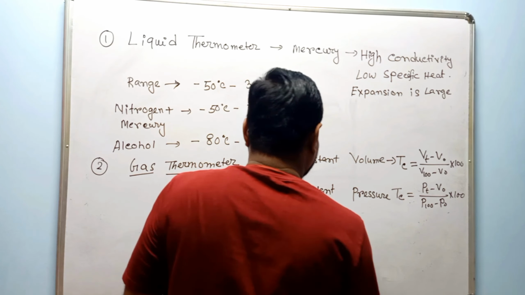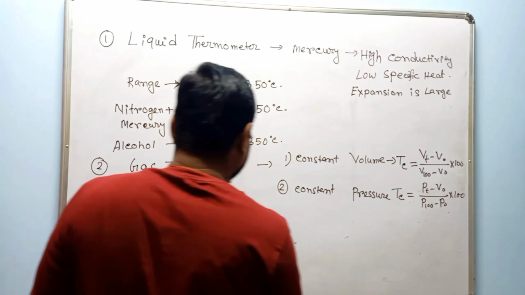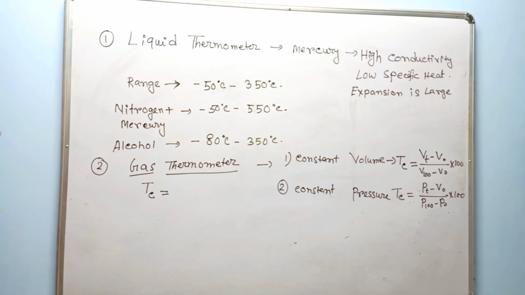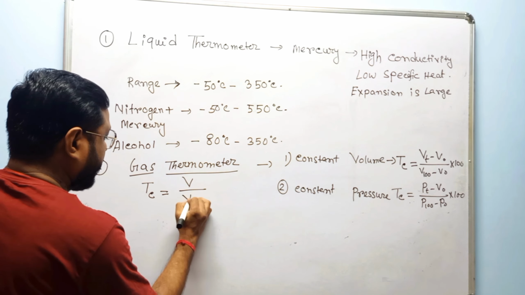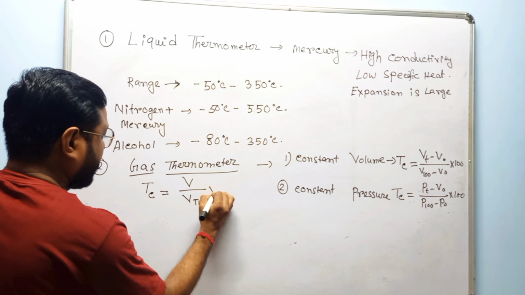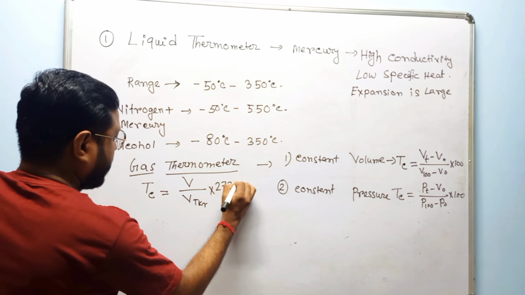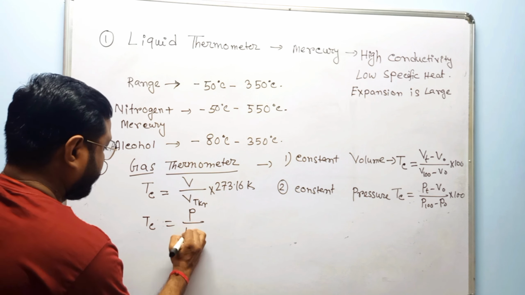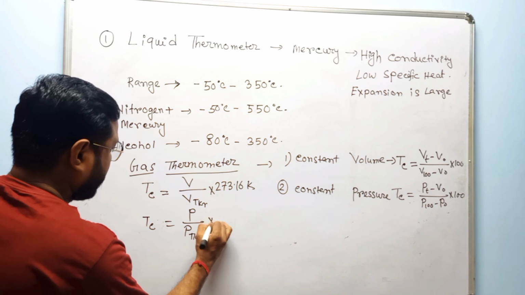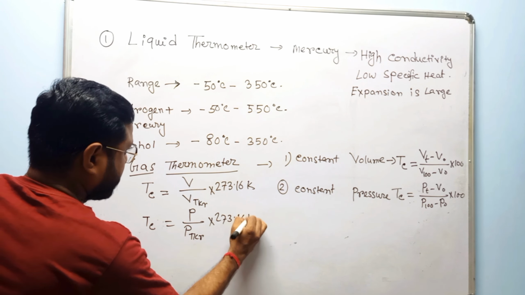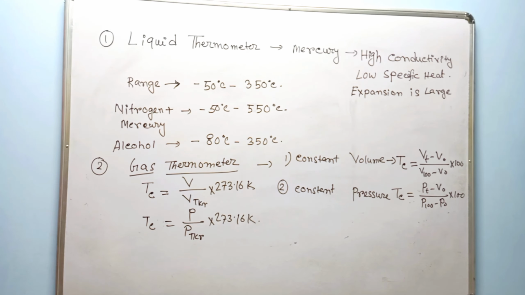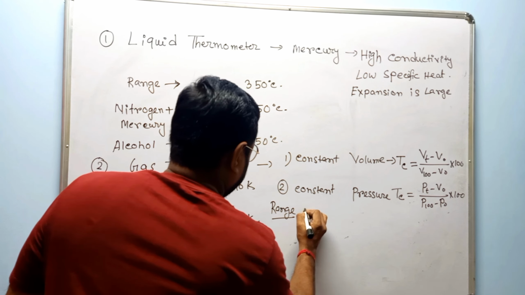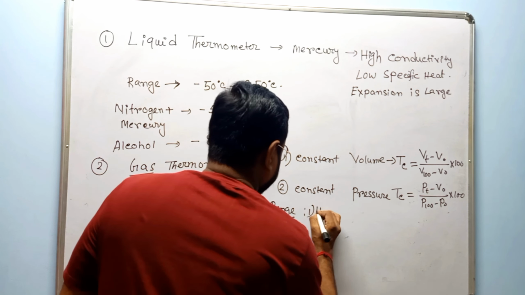In the Kelvin scale, Tc is equal to V by V_T multiplied by 273.16 Kelvin, and P by P_T multiplied by 273.16 Kelvin. Okay, its range: number 1, hydrogen gas thermometer.